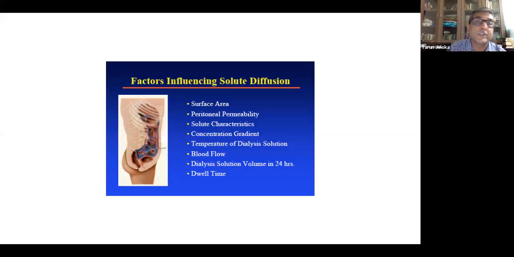Now we will discuss individually solute clearance and fluid removal. Let's talk about solute first. What are the factors which influence solute removal in peritoneal dialysis? For example, first is surface area. If you recall, in my initial slides I mentioned that the surface area of the peritoneal membrane is about 1.5 to 2 meters square, which is equal to body surface area. Now, when you put fluid into the abdominal cavity, the entire area is not actually involved in peritoneal transfer.